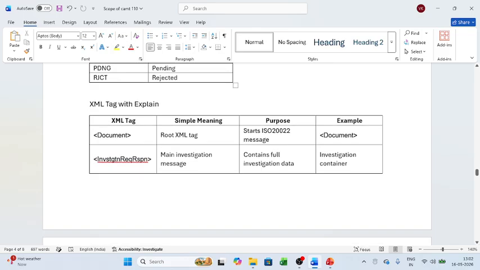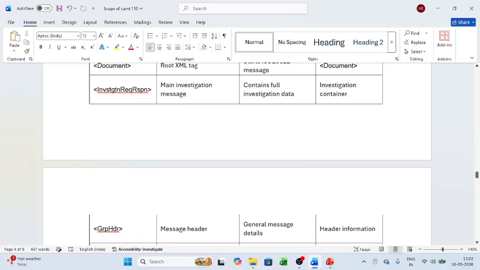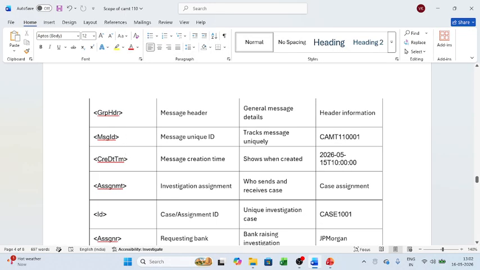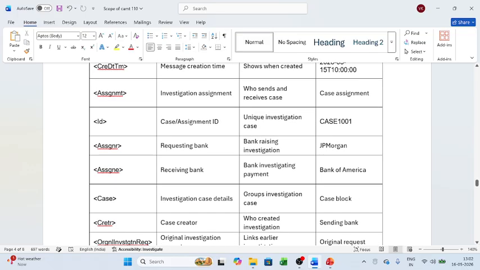This is the XML tag level explanation. First, every message starts with a document tag. After you raise the investigation response, in this container you can see the group header, message ID, creation date and time, assignment ID, and assigner.